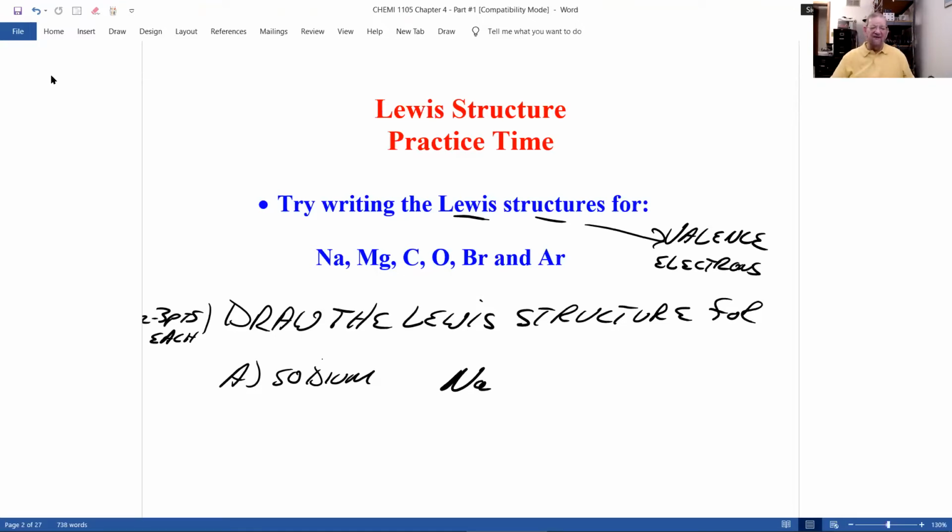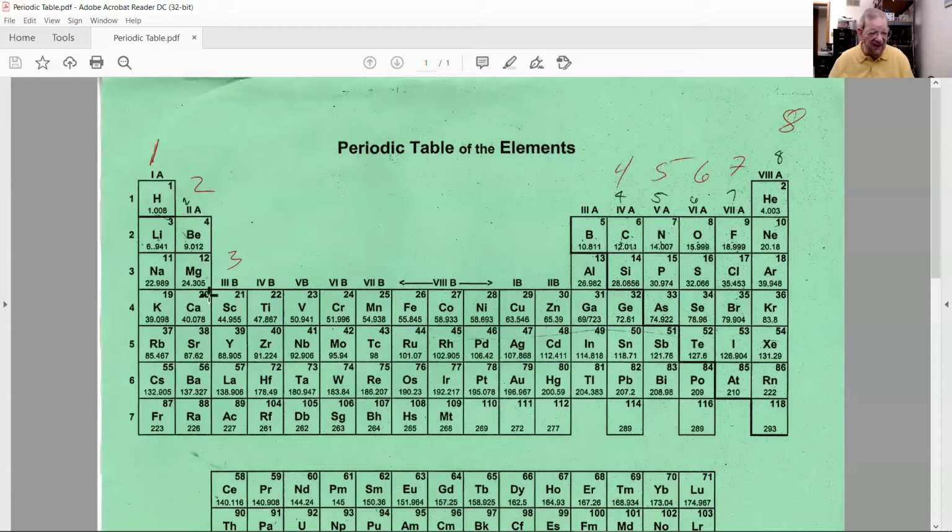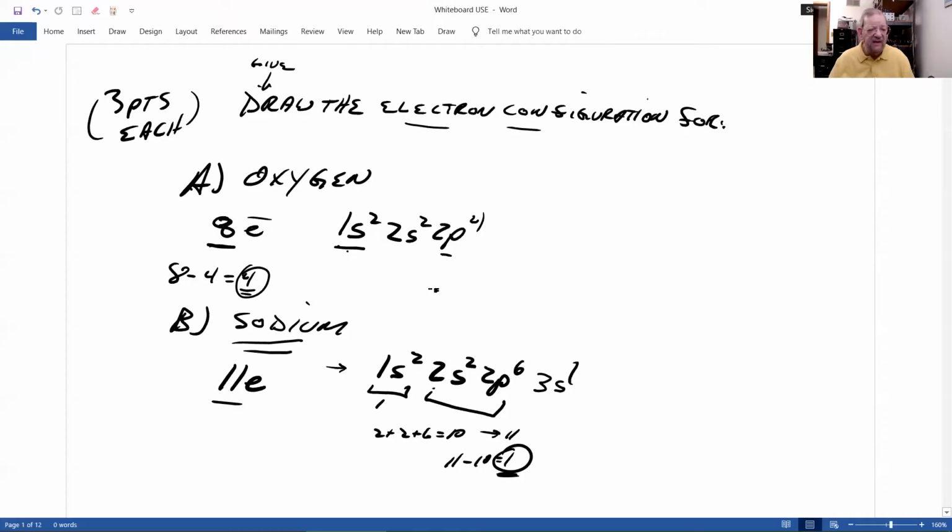How do you find a valence electron? You look at your friendly neighborhood periodic table. Sodium, Na. How many valence electrons? One.